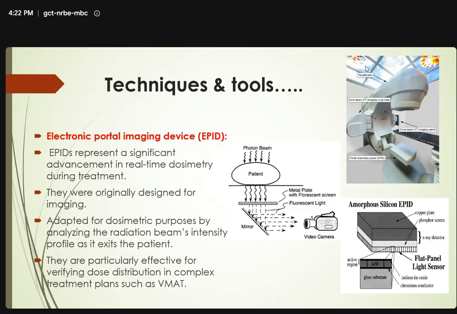So in the picture, you can see that the radiation beam, photon beam, exiting from the patient body is received by an amorphous silicon detector, and after that it is recorded by the device.